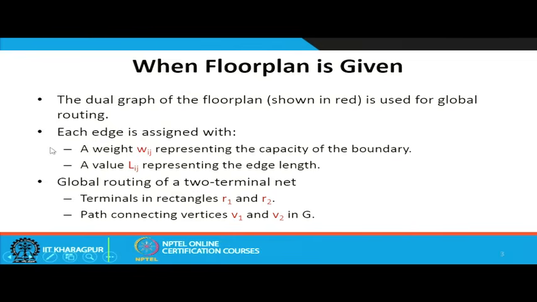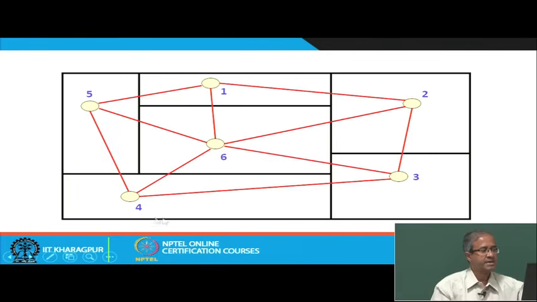So, let us take an example. I am showing the dual graph of the floor plan like this. Here I have a floor plan where 6 blocks are placed, and superimposed on the floor plan I am showing the dual graph. You recall the definition of a dual graph.